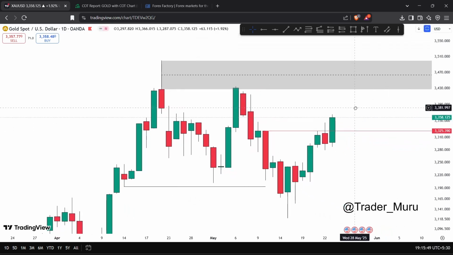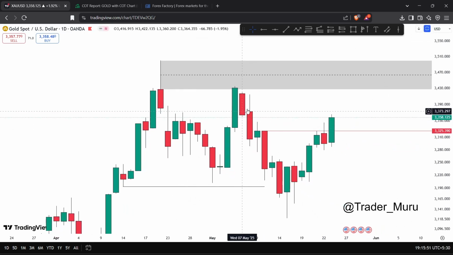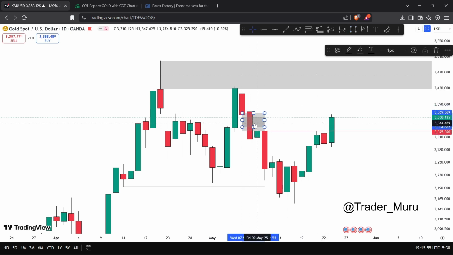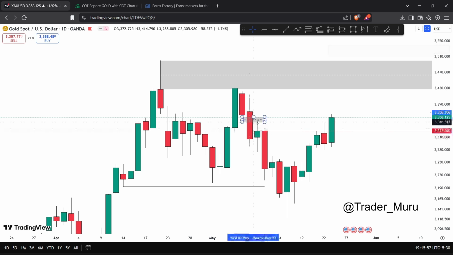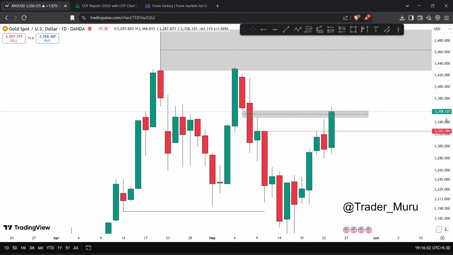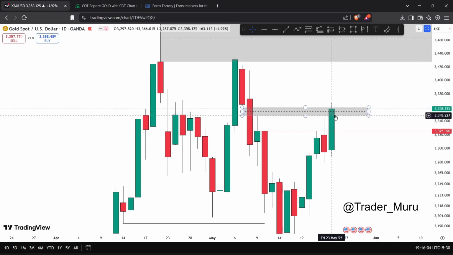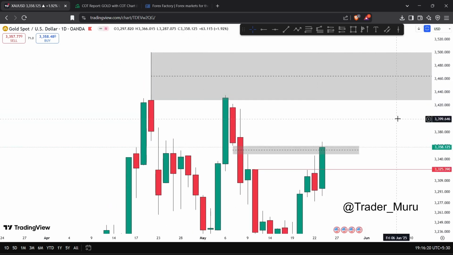In the daily time frame, gold has tested this daily time frame FVG, which is this one. So there will be a small pullback around this area at 3325. You can see this is a good support area from where we can again bounce and tap out these upper zones.